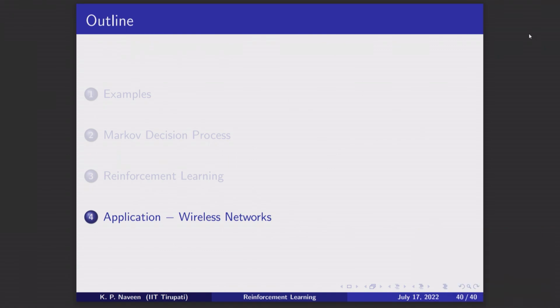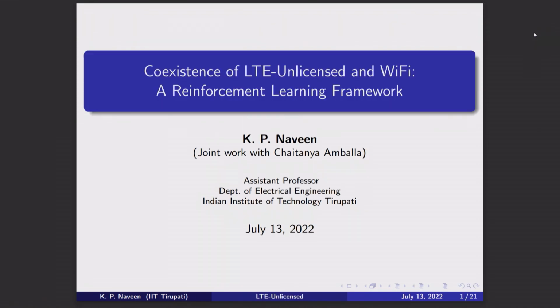Okay. So in the remaining time, I will just talk about one application that we have worked on, applying RL to problems in wireless networks. We worked on the problem of achieving coexistence between LTE, essentially the 4G cellular technology, and Wi-Fi, the existing Wi-Fi.